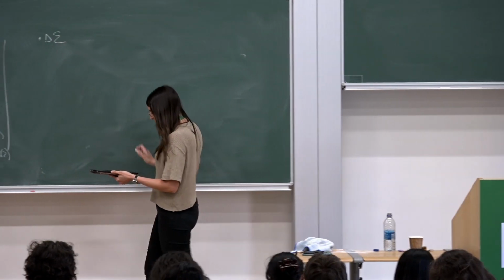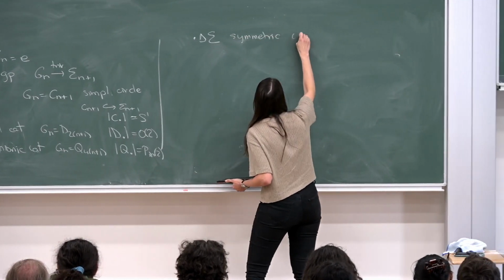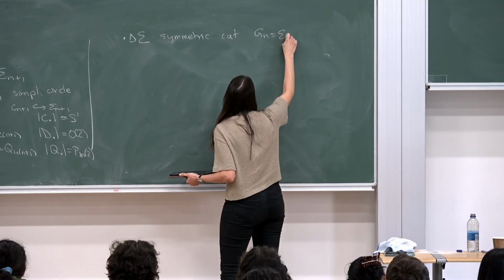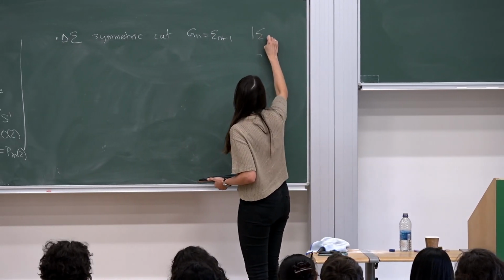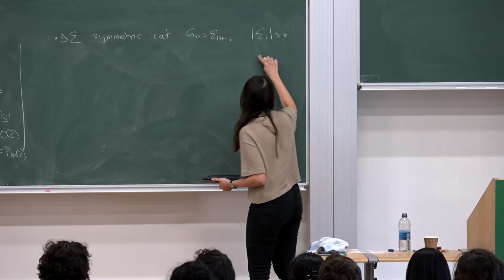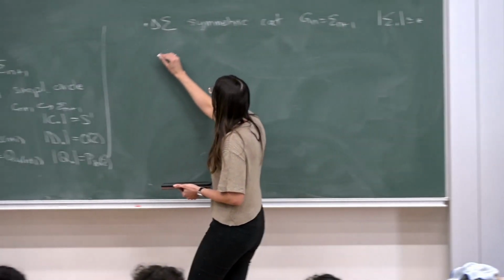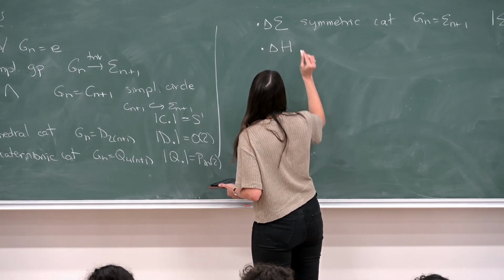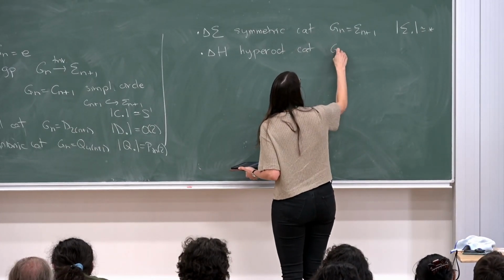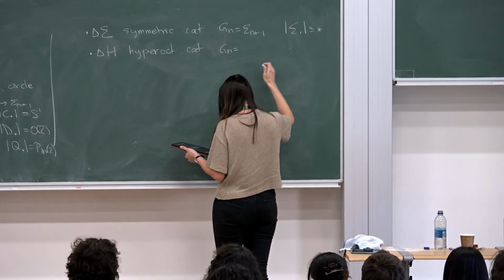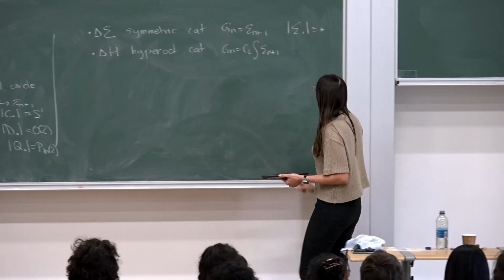Okay, so now some other examples that are also going to be very important are the symmetric category. Here the G_n are just the symmetric groups. And the realization of this is actually contractible, but nevertheless, this is going to be a very important example, as you will see. And the hyperoctahedral category, where the G_n are now these wreath products, C_2 wr Sigma_{n+1}.